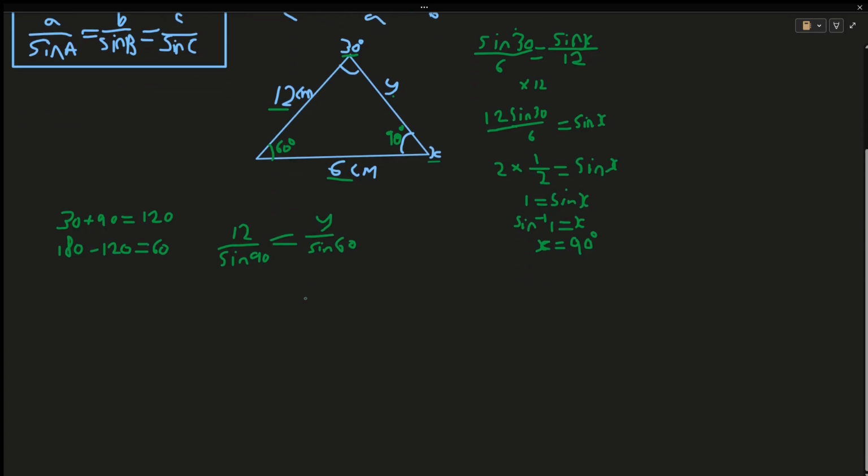So again, we can rearrange. We already know that sine 90 is equal to 1 based on what we just did earlier with this calculation here. So that means we can do 12 is equal to y over sine 60.